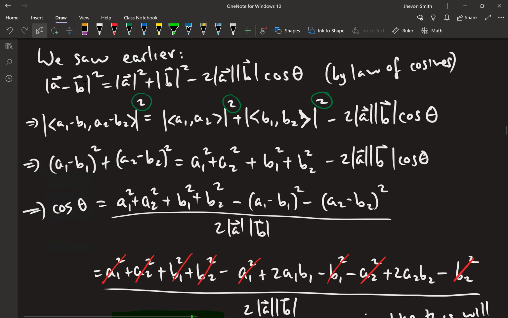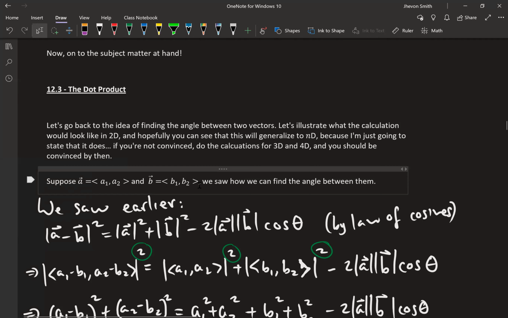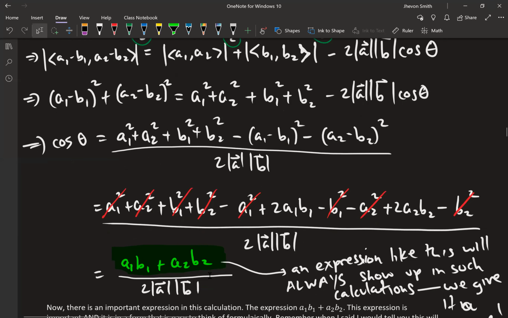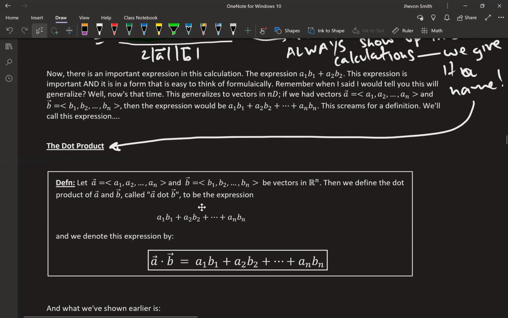So given two vectors, a1, a2, and b1, b2, the expression that looks like this, the sum of the product of corresponding components, we call that the dot product. And it works in higher dimensions as well, even though I illustrated for 2 dimensions. So if I have a vector a1, a2, all the way up to an, and b1, b2, all the way up to bn, then the expression a1 b1 plus a2 b2 plus a3 b3, all the way up to an bn, this is called the dot product.